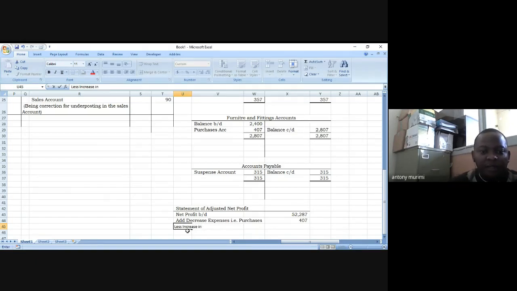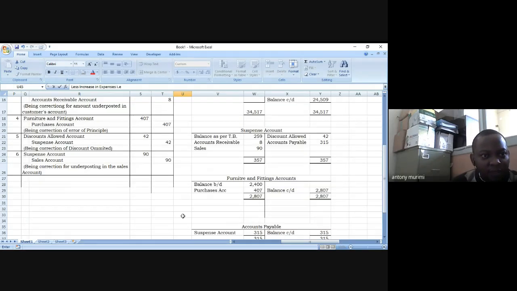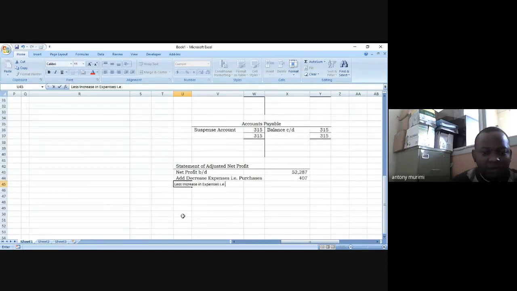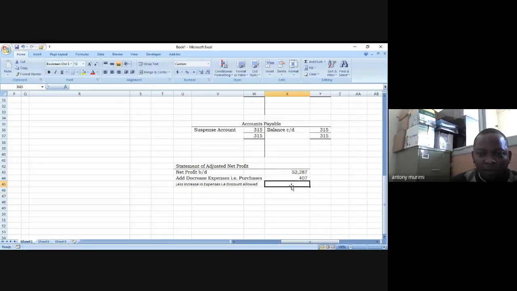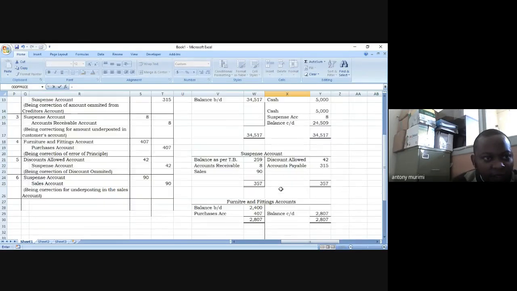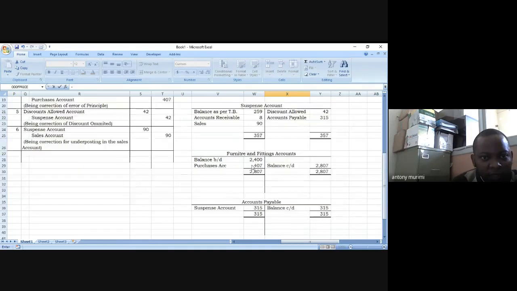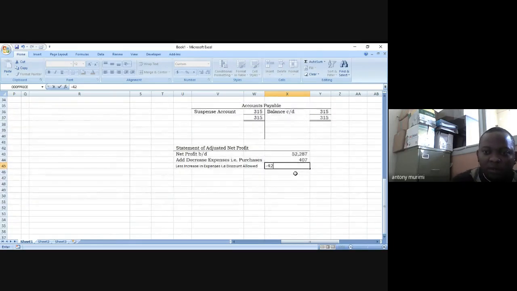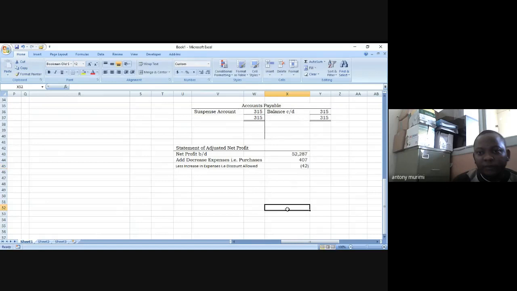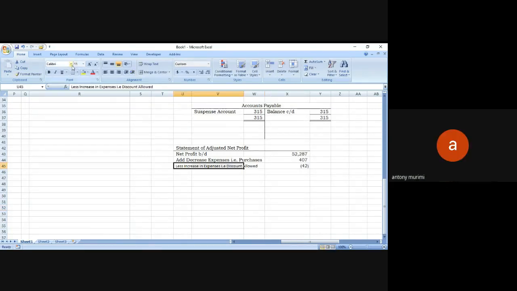In our case, that is discount allowed. So less the increase in discount allowed of 42 shillings.